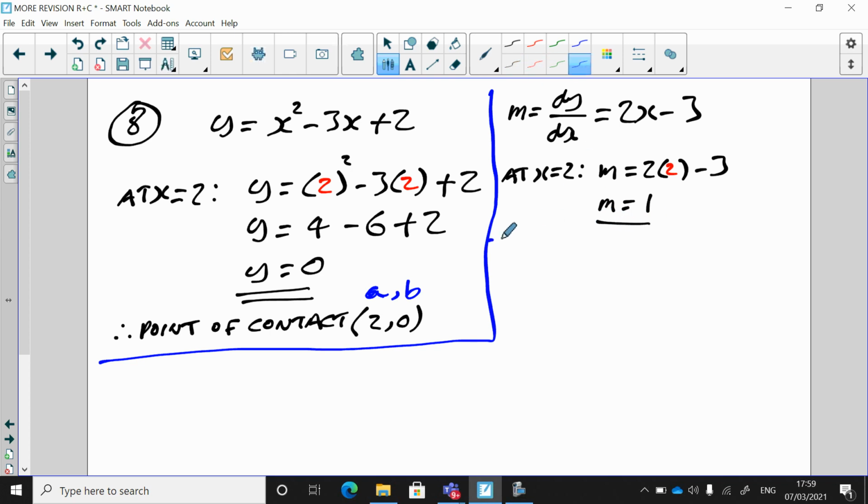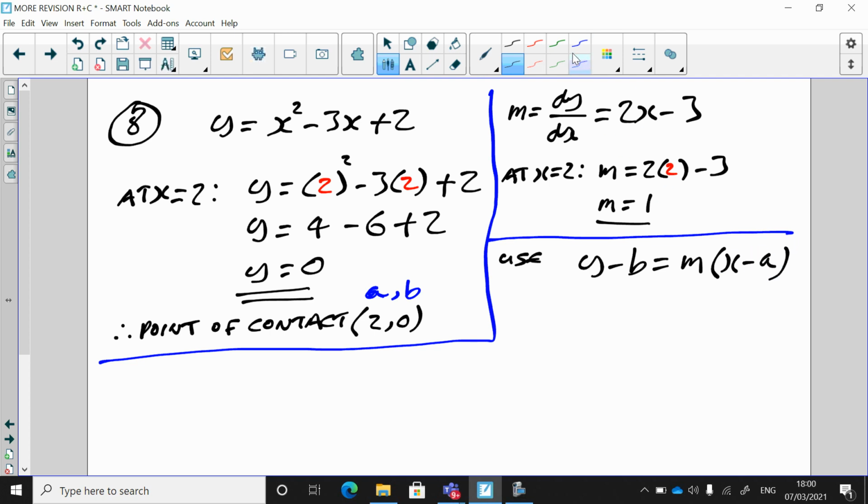Right, so what I'm going to do now is the equation of my line here. So I'm just going to use y minus b equals m times x minus a. That's just one of the formats that you can use. So I've got m equals 1, and that's my point of contact there.